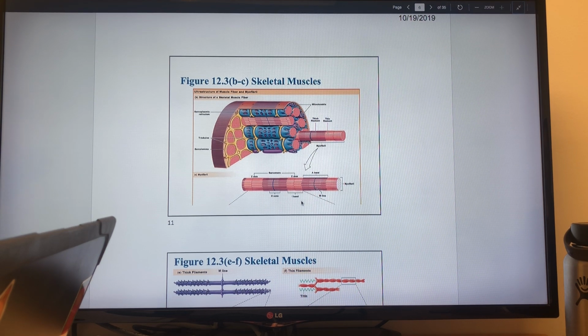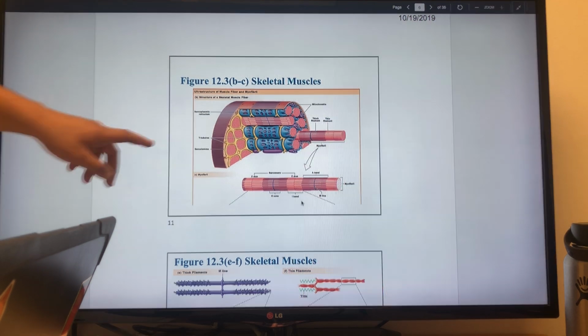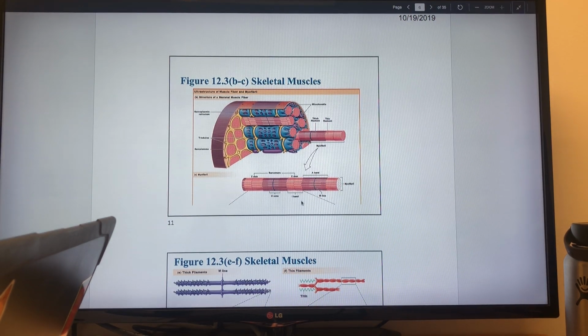At that point, your lower motor neuron releases ACh, acetylcholine, into the muscle, and it binds to nicotinic receptors, which triggers an action potential to occur. This action potential travels down something called T-tubules, or transverse tubules.